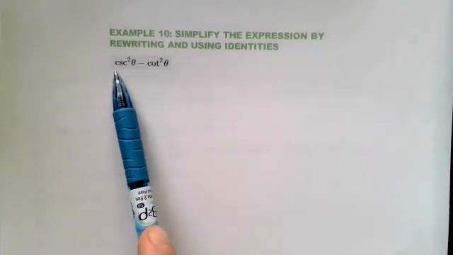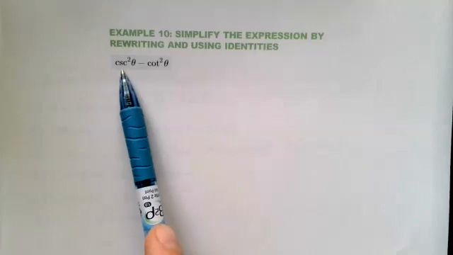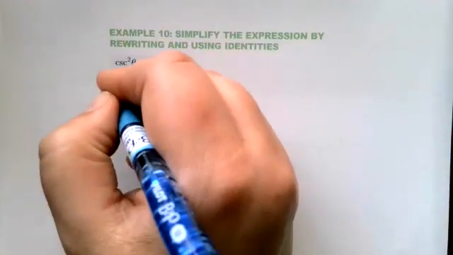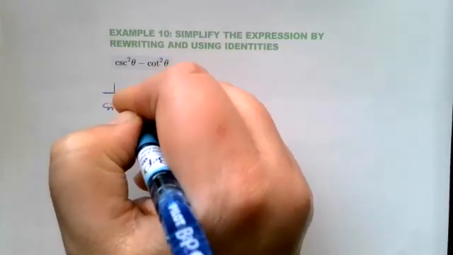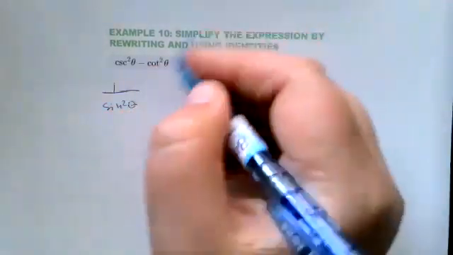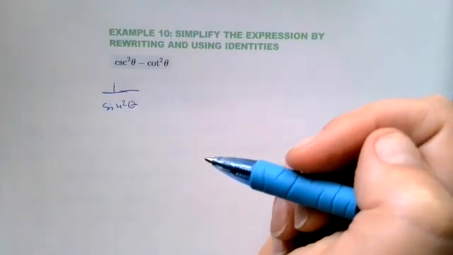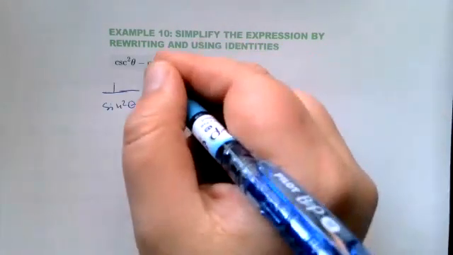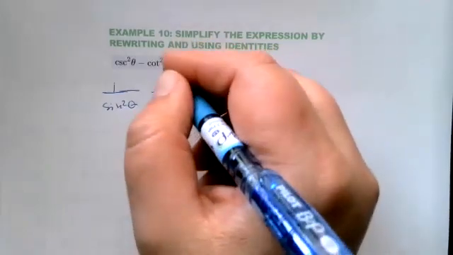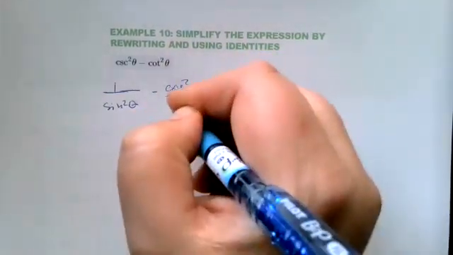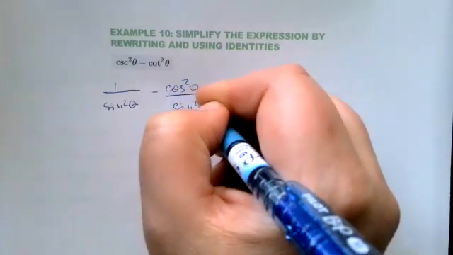So just rewriting, noticing that cosecant is 1 over sine. So cosecant squared is going to be 1 over sine squared. And cotangent is cosine over sine. So again, cotangent squared is going to be cosine squared theta over sine squared theta.